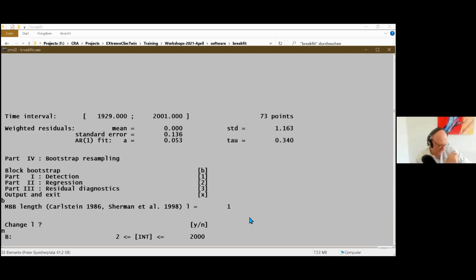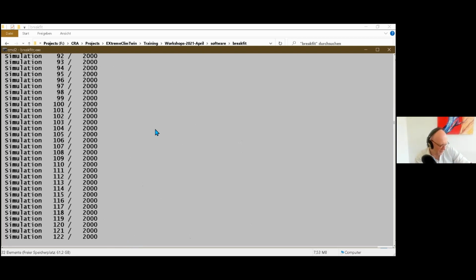Okay, now we see, I wonder why the hell I allowed 2 resamplings. I have no idea. It should be larger. With 2 you can't do anything. I do now 2000 because data are short, machine is fast, and the break is cheaper to fit than a ramp. 2000 and enter.